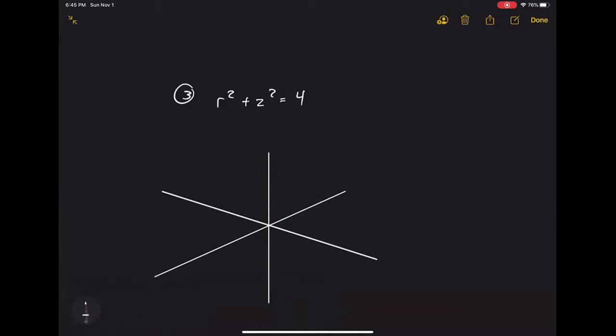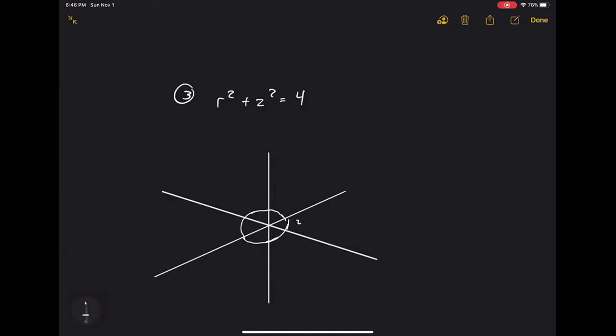That would give the same thing. Just a circle with radius 2, right?